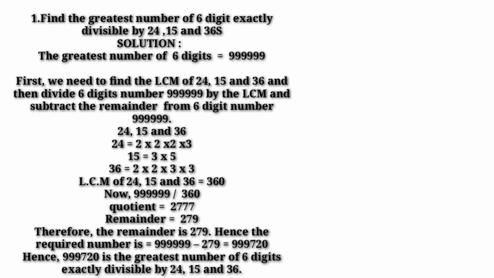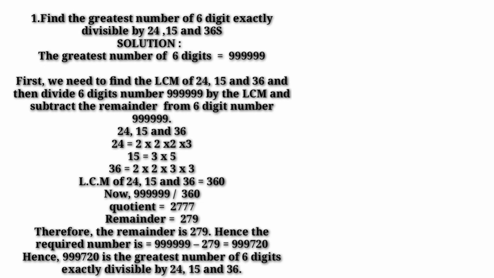So we get 9,99,720. Hence 9,99,720 is the greatest number of 6 digits exactly divisible by 24, 15 and 36.